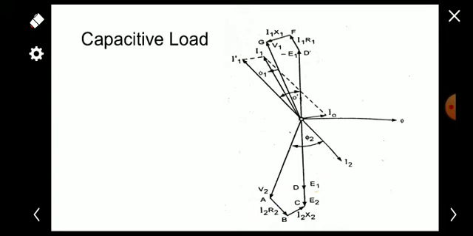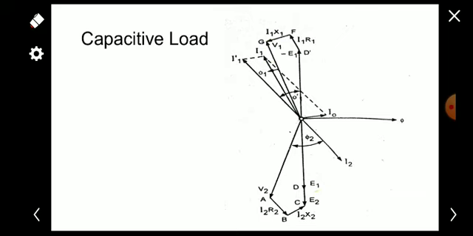From that we draw a line at 90 degrees to I2 into R2 to get I2 into X2, and at the meeting point we get E2. After that we extend this I2 into I1 dash. This is I1 dash, and the resultant of I1 dash and I0 gives I1.